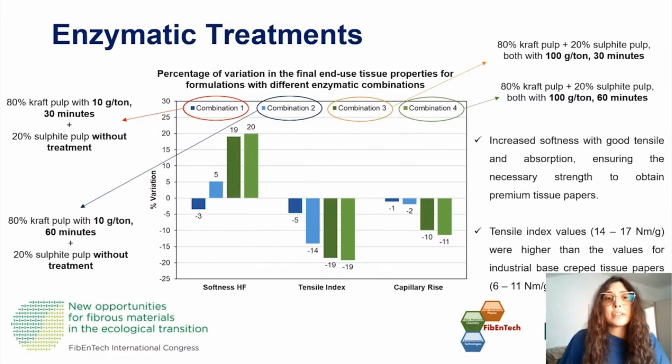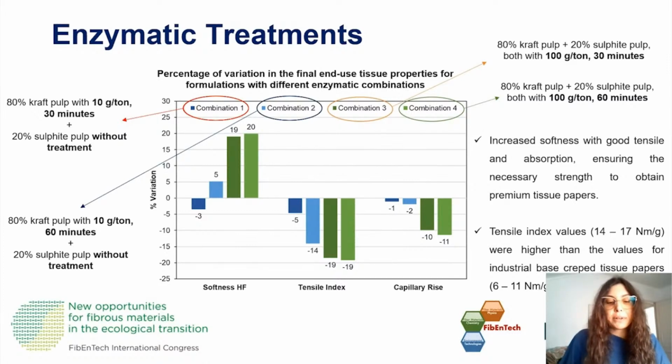And the results indicated that this combination increased softness with good tensile and absorption, ensuring the necessary strength to obtain premium tissue papers.